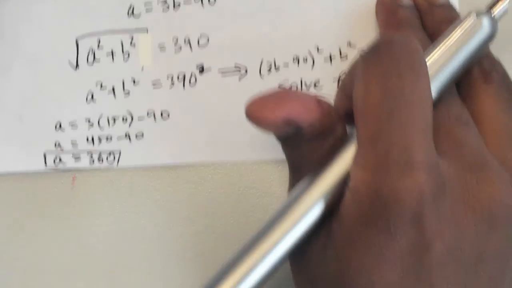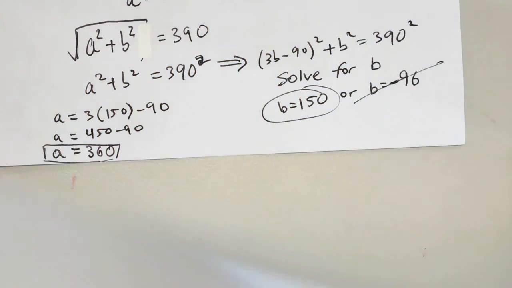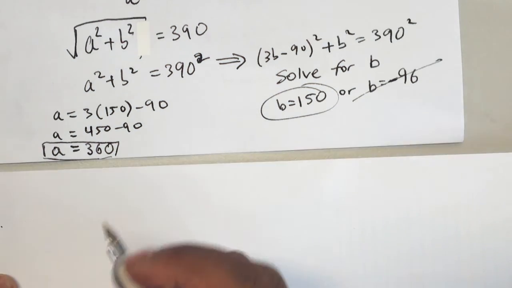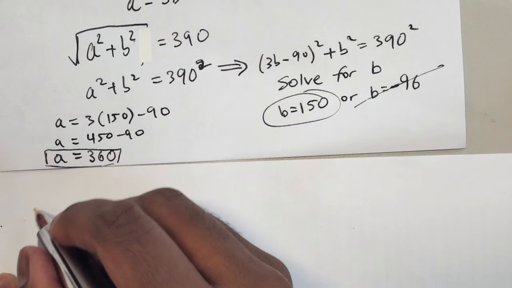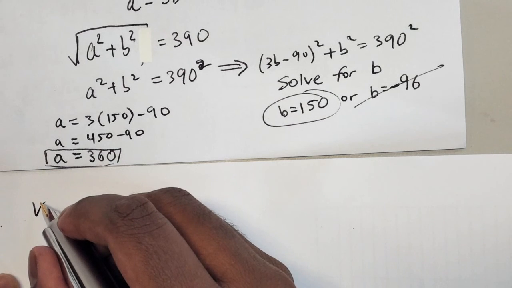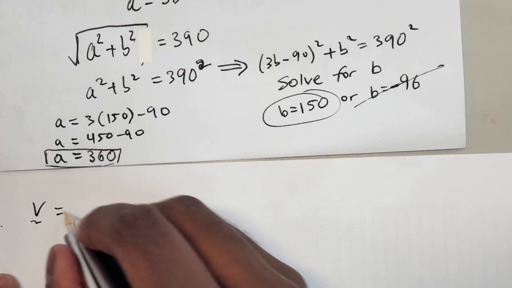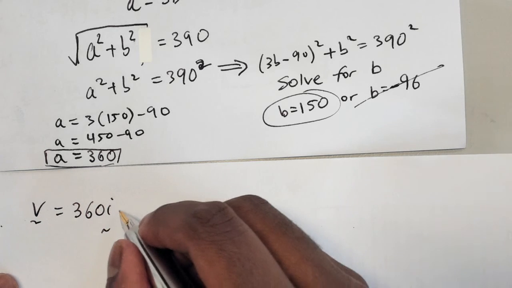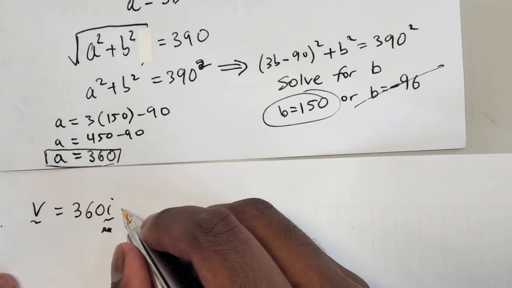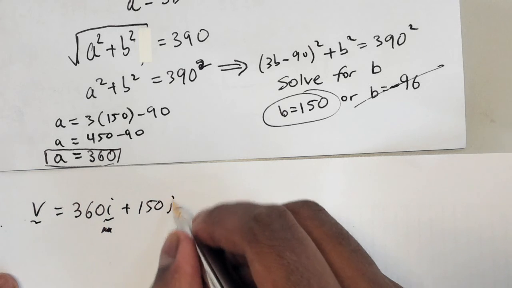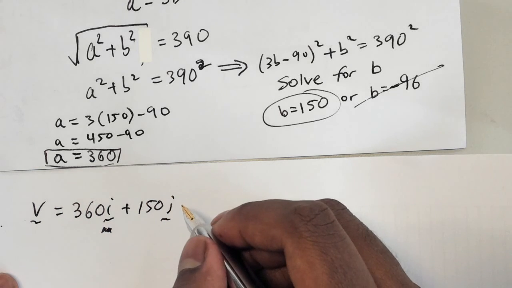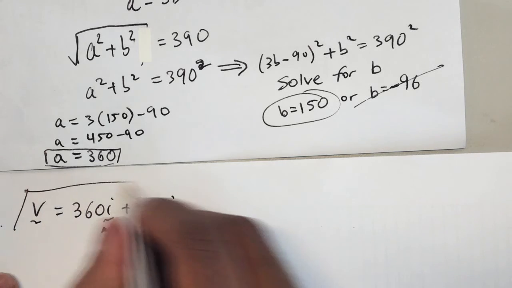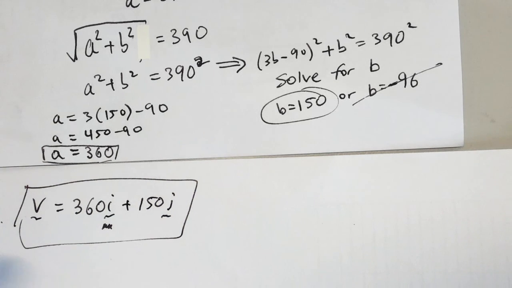If you have space, go down the page a little bit. Therefore, the velocity is going to be 360I plus 150J. That's the plane.